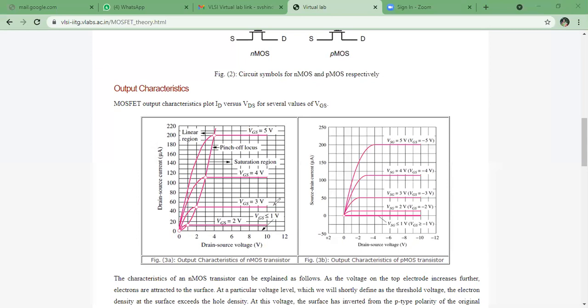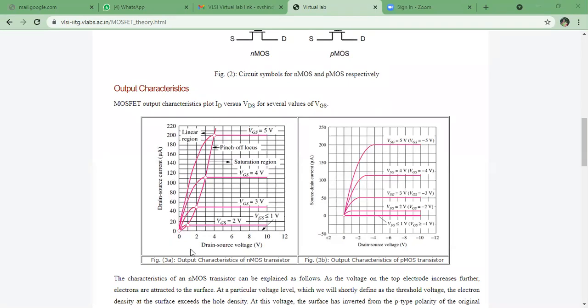Now as we slowly increase the gate to source voltage, a sufficient amount of electrons get accumulated, and then the current will start increasing.